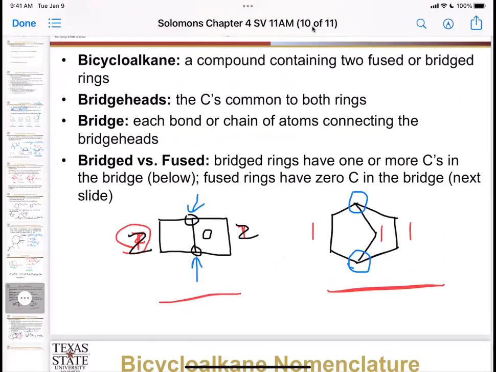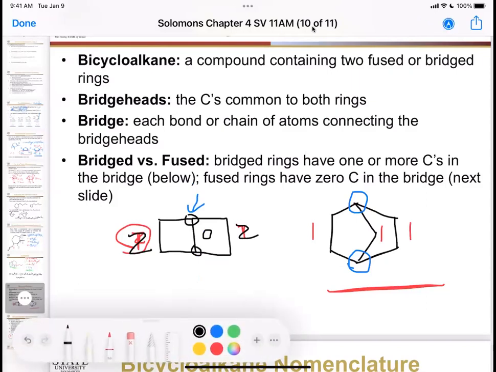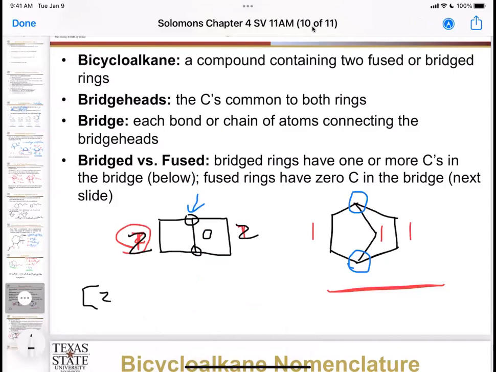That changes the name then, right? So our name's going to be 1, 2, 3, 4, 5, 6 carbons total. So it's cyclohexane. But the bridges are 2.2.0. Cyclohexane.